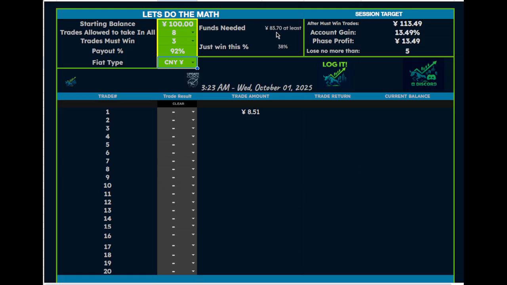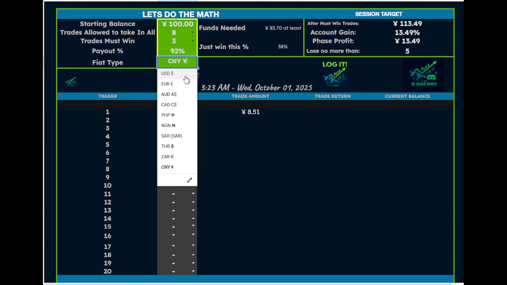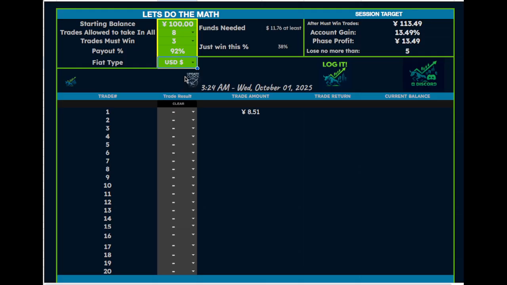So you're going to need at least $83.70 yen at the least to deal with this binary compass with the settings, which I will get into. The settings is going to determine the funds needed, which is dealing with your risk appetite. All right. So I'm going to go ahead and switch this thing back to USD.